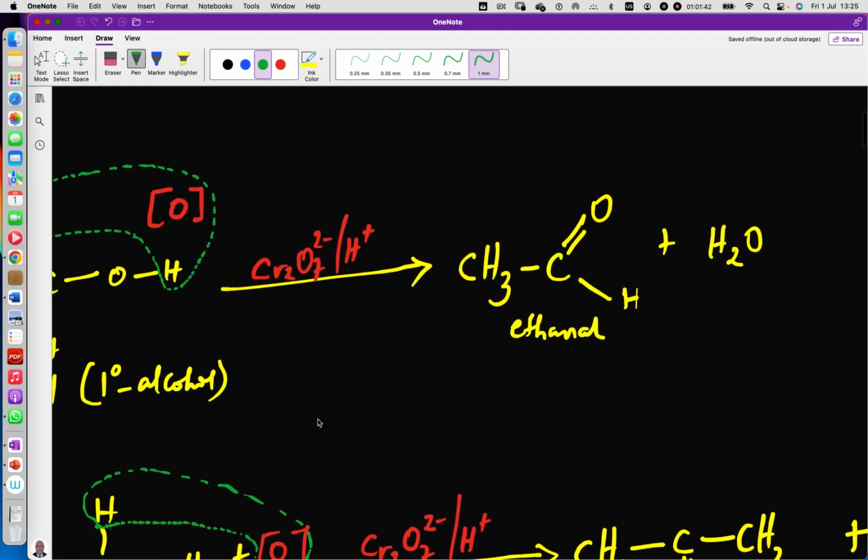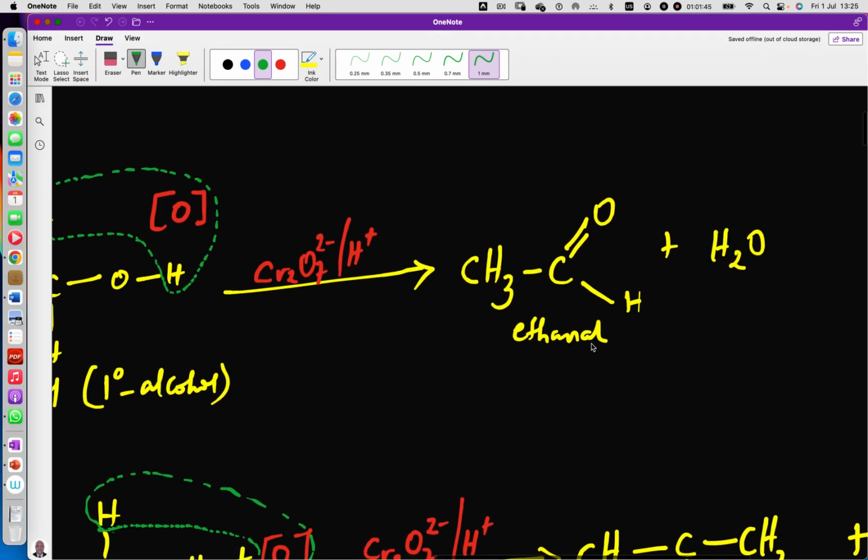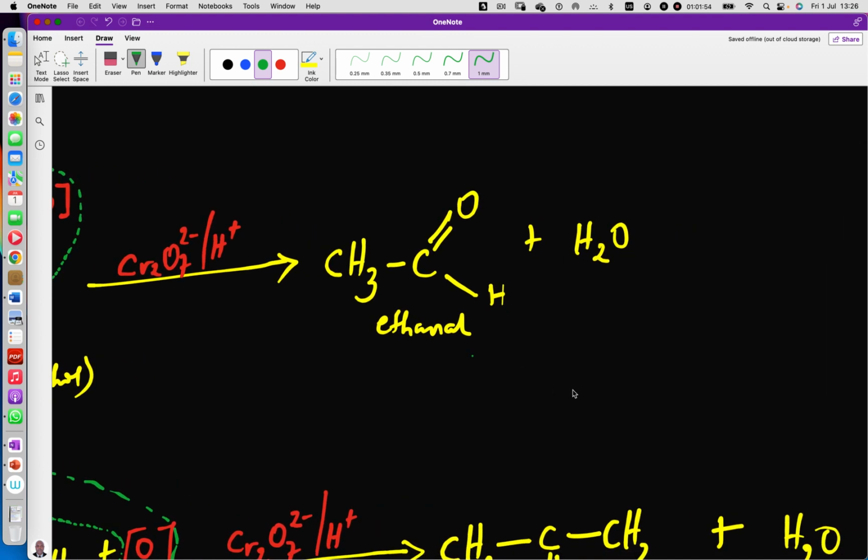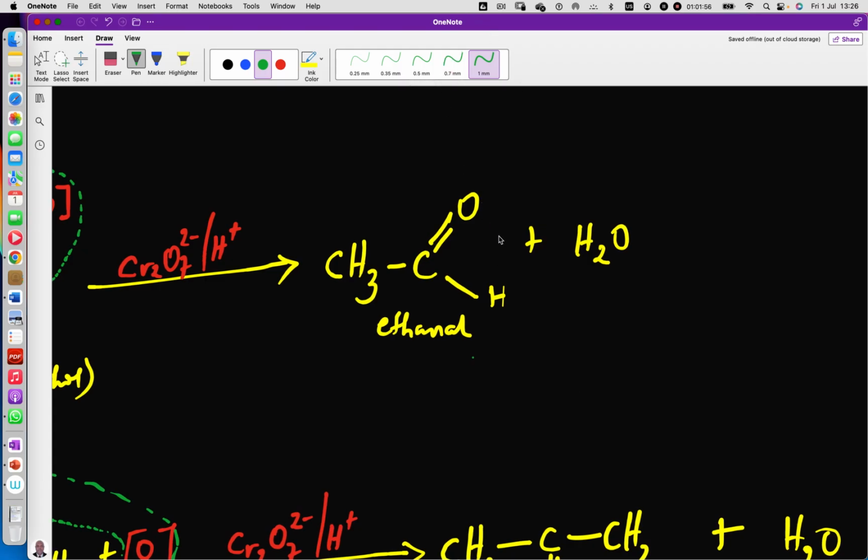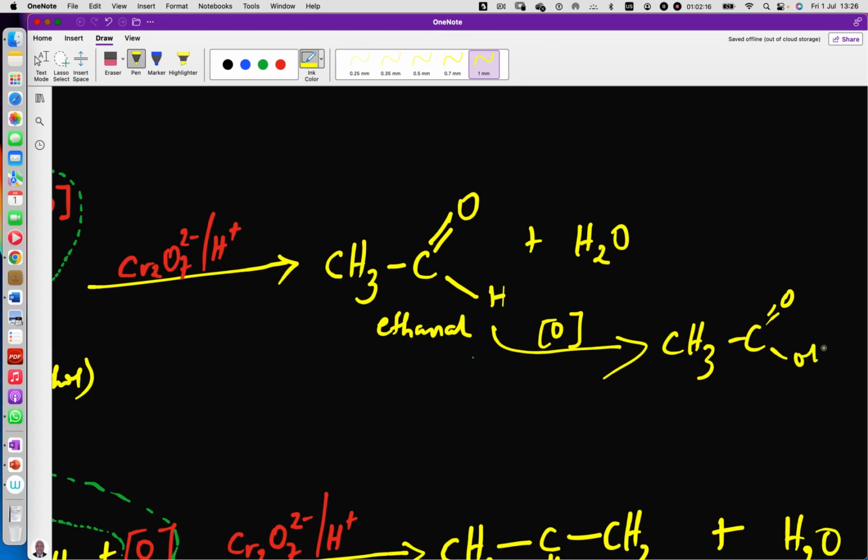But it should be remembered that if the aldehyde is not removed as soon as it is formed, it is further oxidized to what we call carboxylic acid, ethanoic acid, CH3COOH.